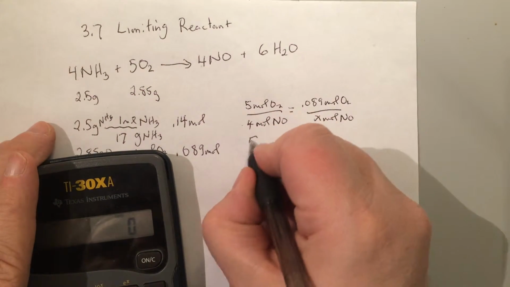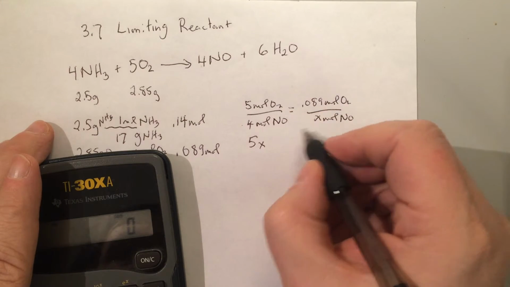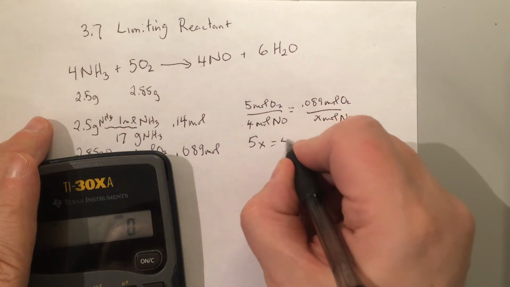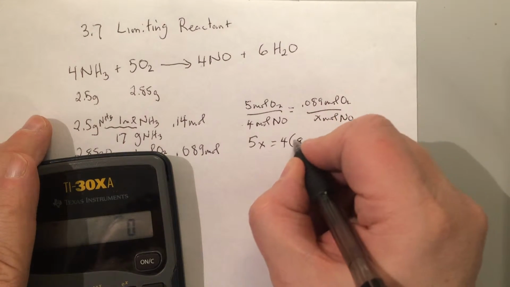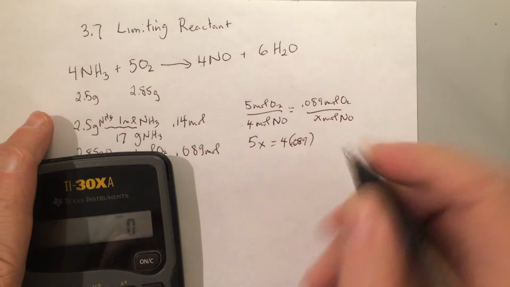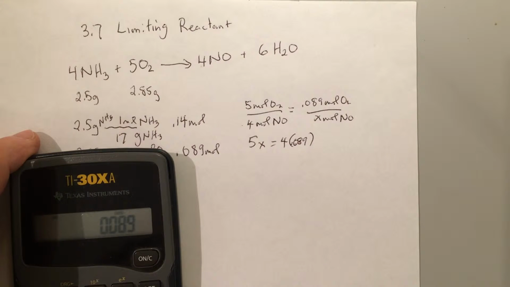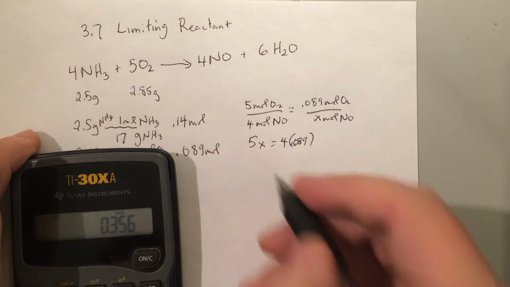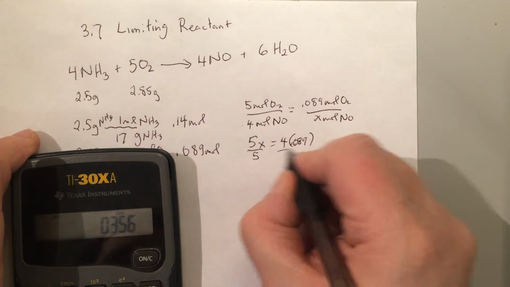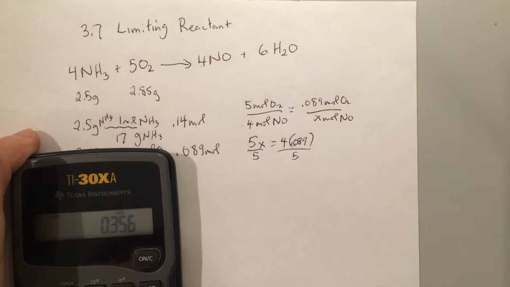This is going to be 5X equals 4 times 0.089. So 0.089 times 4. Now I'm going to divide by 5 on both sides. Divided by 5.